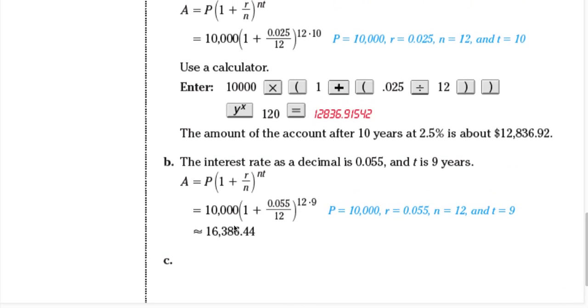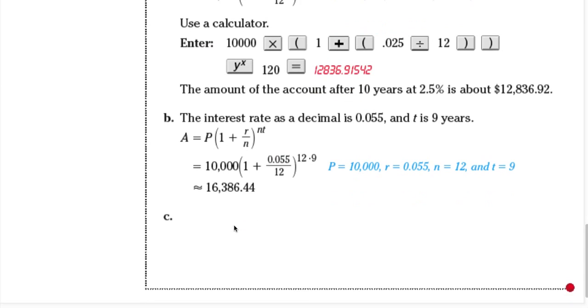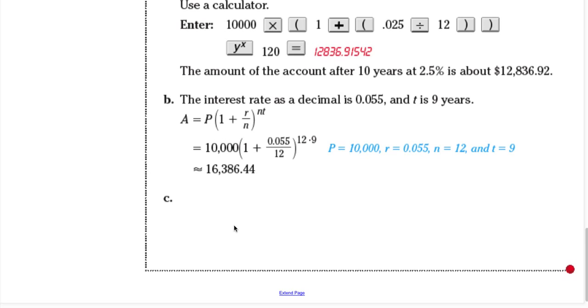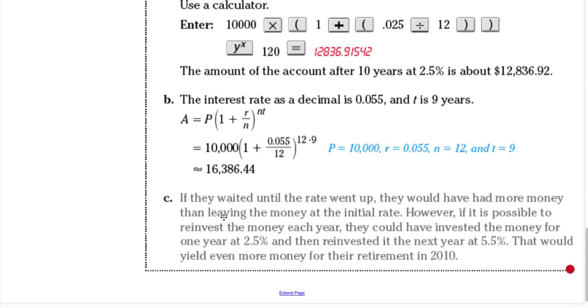So letter B, if they waited, will give a better yield to their investment compared to letter A. But it's asking what are the options that the Mitsus can take. This is what we can advise them. If they waited until the rate went up, they would have had more money than leaving the money at the initial rate. We know that.